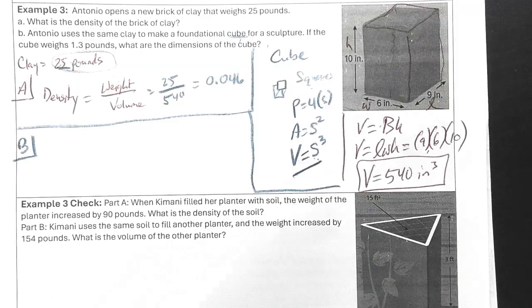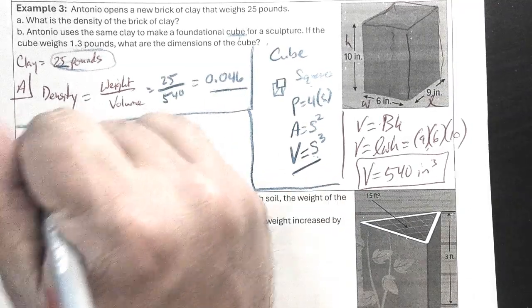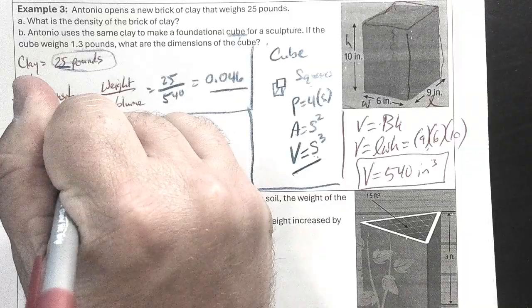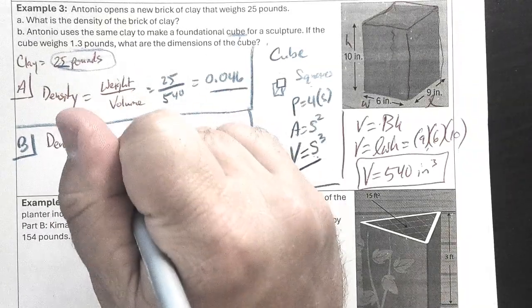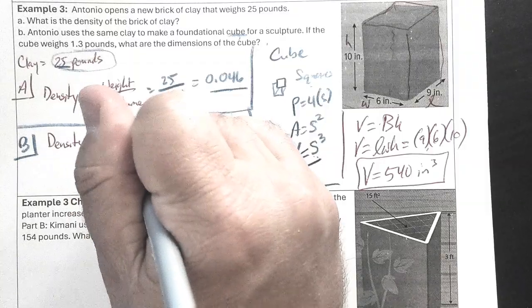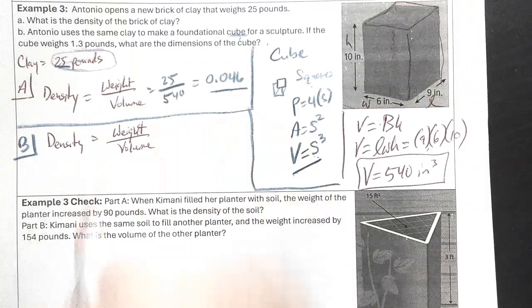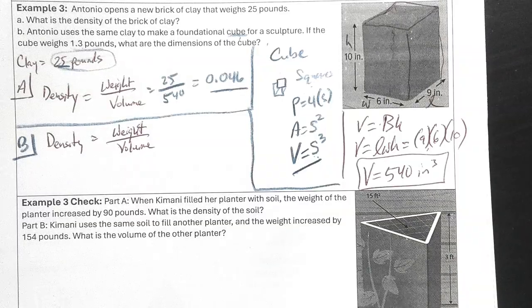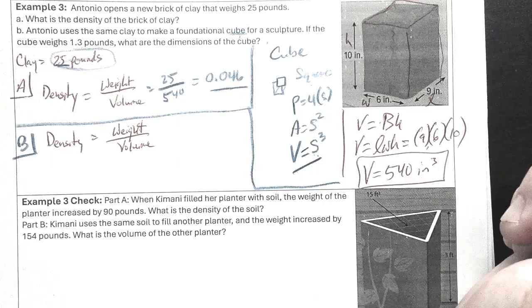So we got the density. So density equals weight divided by volume. How do I do this to make it the least complicated?